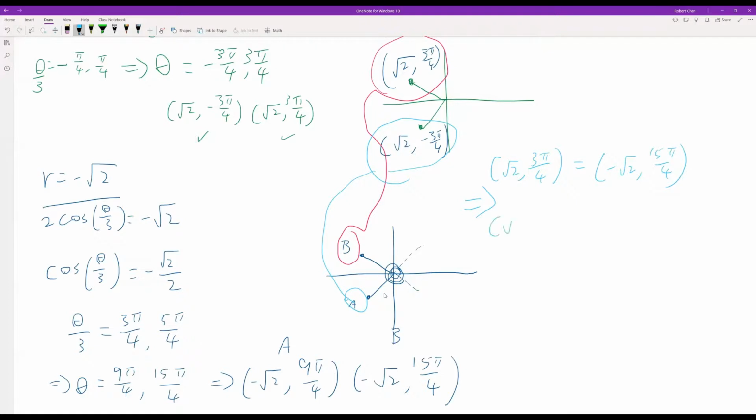And radical 2, negative 3 pi over 4, which is this point right here, is the same thing as our point A on the bottom, negative radical 2 and 9 pi over 4.